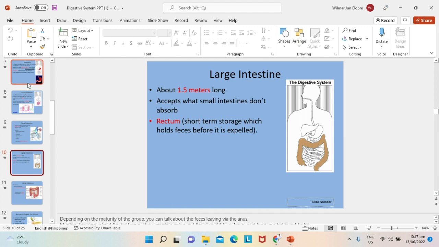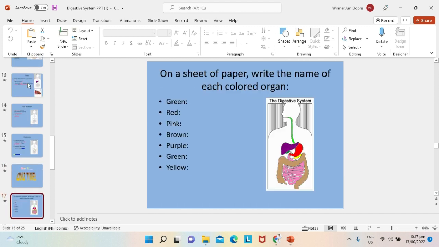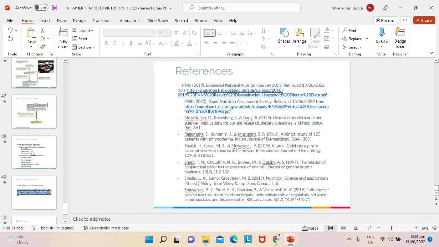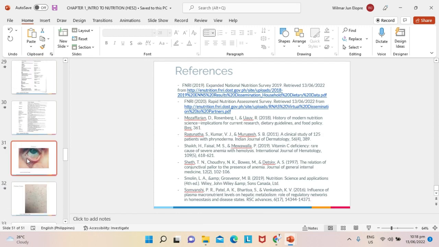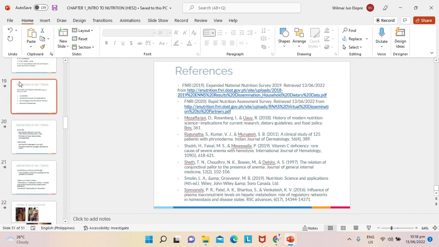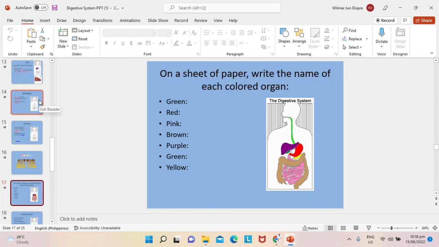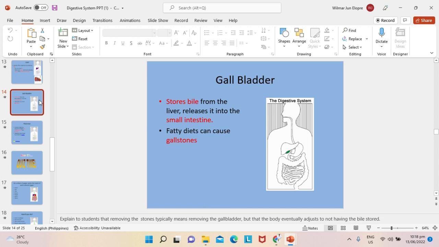I-discuss lang nako ni siya after nato mahuman sa chapter 1 nato nga exam. Although majority sa mga questions, mo-kuha nako sa na-discuss gyud nako, but naay mga few questions nga mo gikan diri.